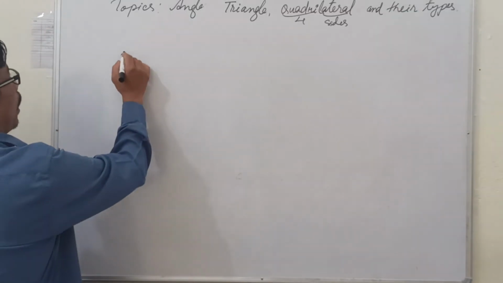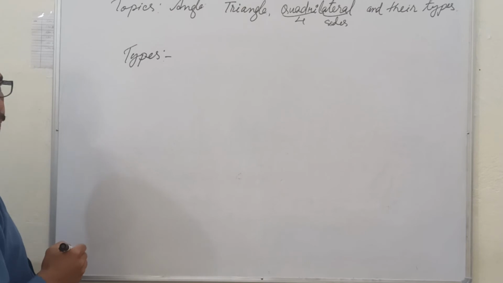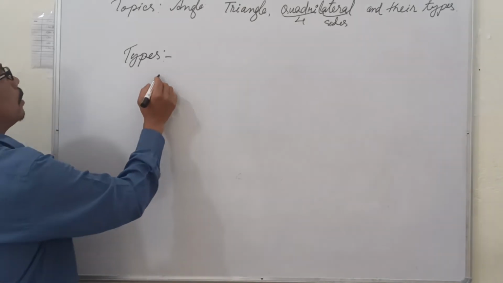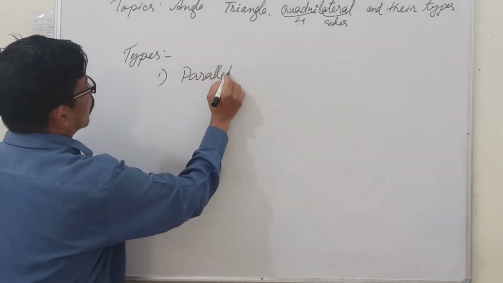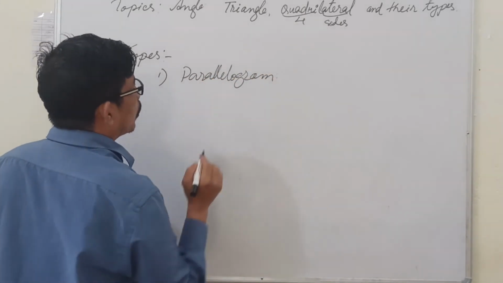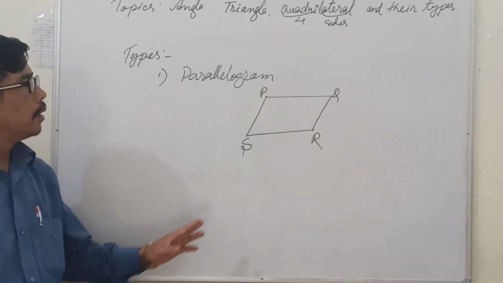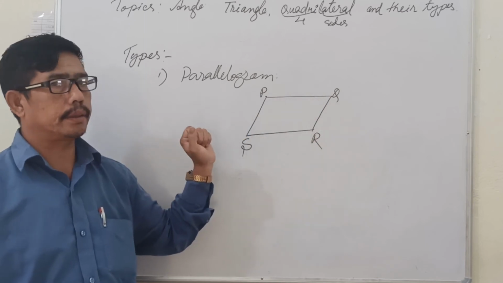Then let's come to the types of quadrilateral. First one, parallelogram. PQRS is a quadrilateral because it has four sides.